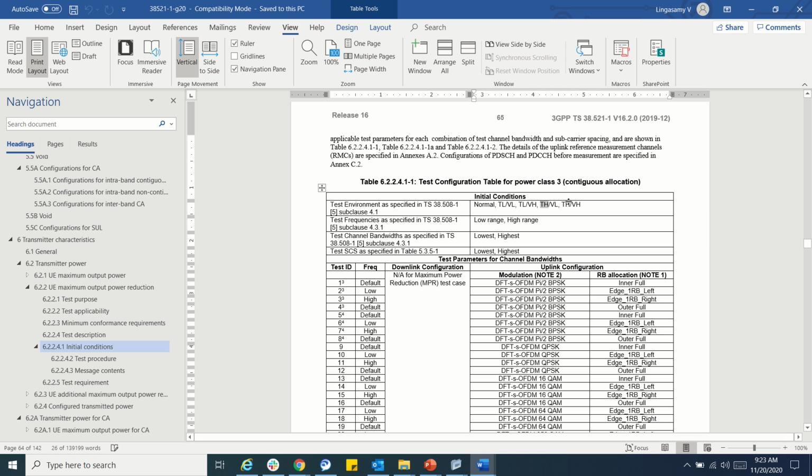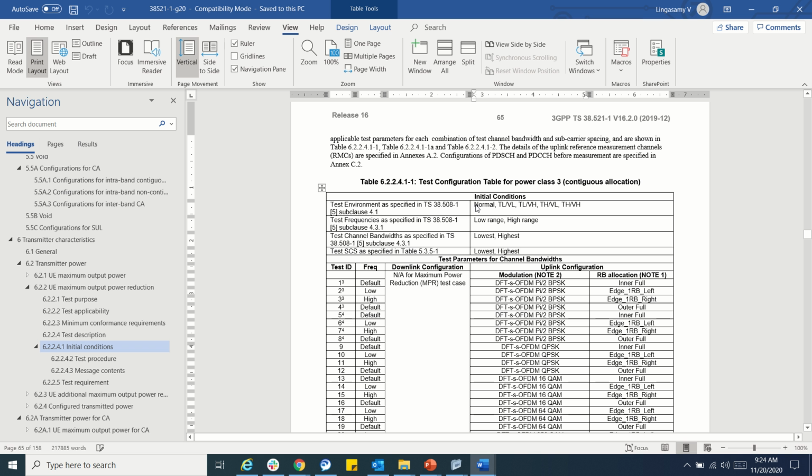Under these environment conditions, we see how the UE behaves for different frequency bands and different values, whether it meets the required specifications. Those have to be verified when you run a test case. That's what the test case is all about.